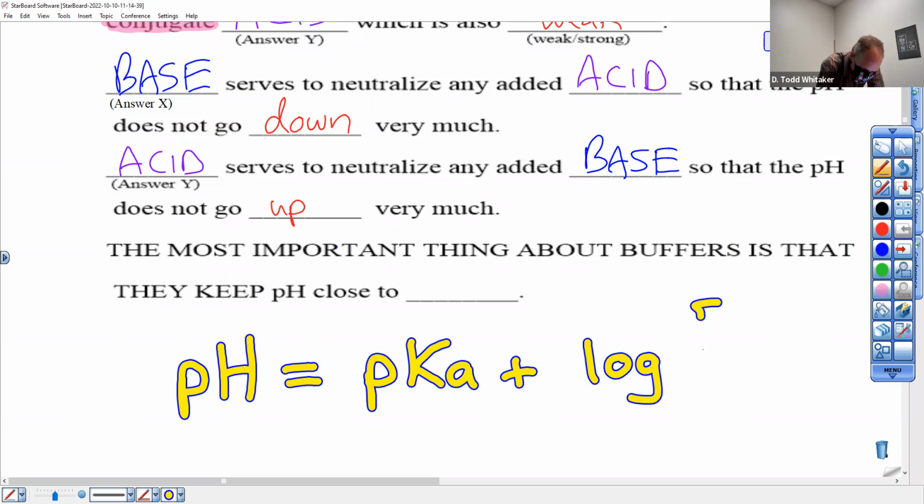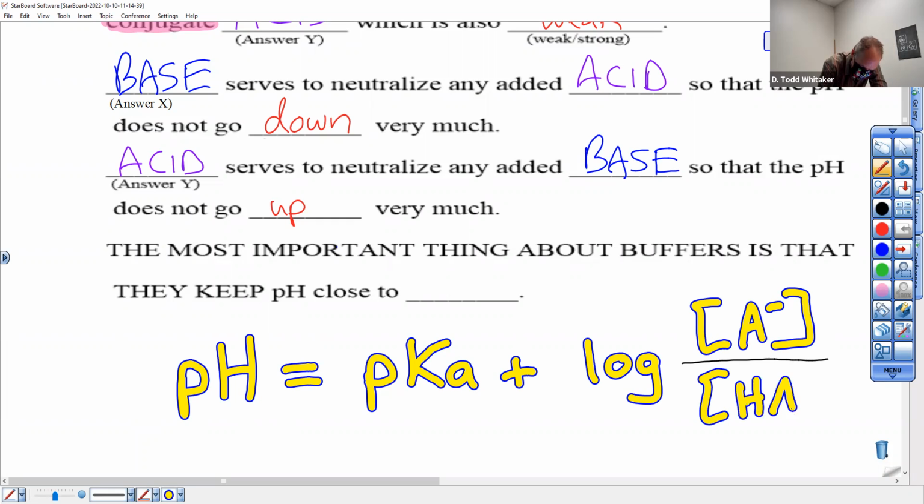It's the concentration of the base over the concentration of the conjugate acid, all in parentheses there. I don't want you to memorize it, but really to conceptualize it, you need to memorize it.